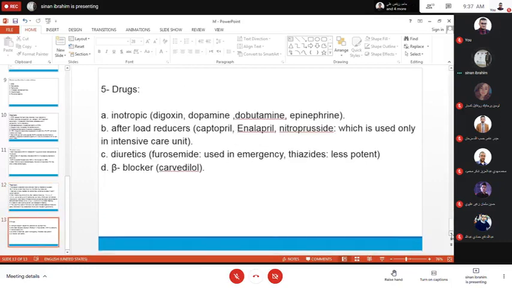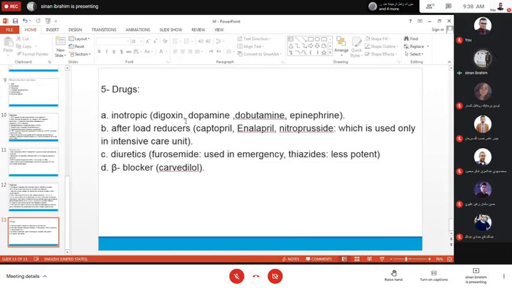What about the drugs that we can give to a patient with heart failure? These include the inotropic drugs, which act on contractility, as we said at the beginning of the lecture, including digoxin, and we also have dopamine, dobutamine, and epinephrine. Usually the only drug given in the outpatient setting is digoxin, and its doses are available in your textbook, and maybe you will be asked about it.